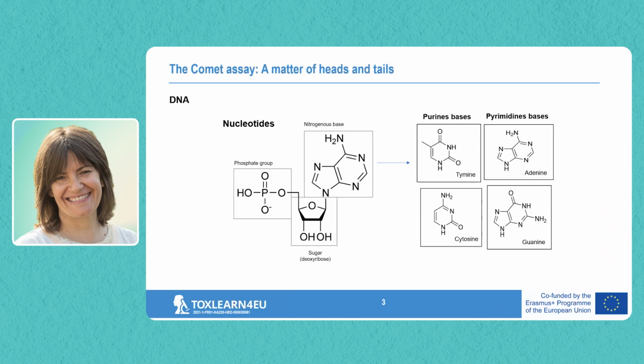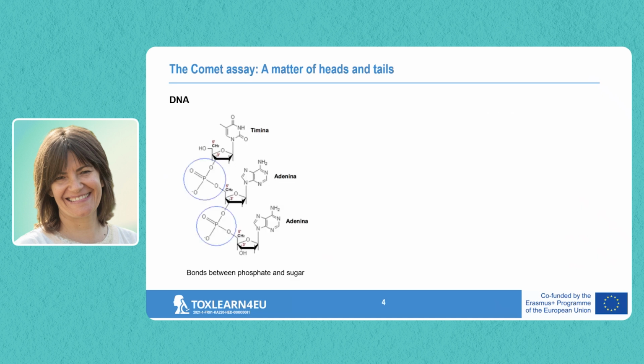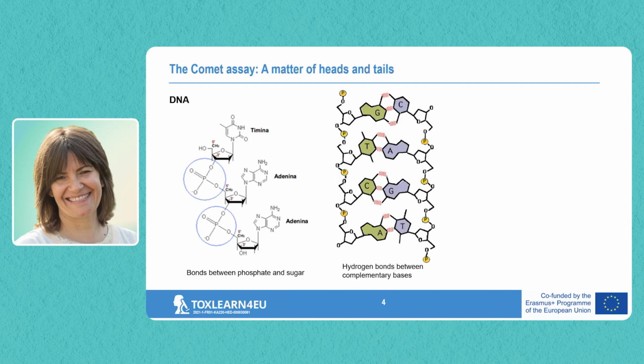Are you agree with that? Yes. Okay. Then these monomers are linked to the others with bonds between the phosphate and the sugar. But we have like a double strand.